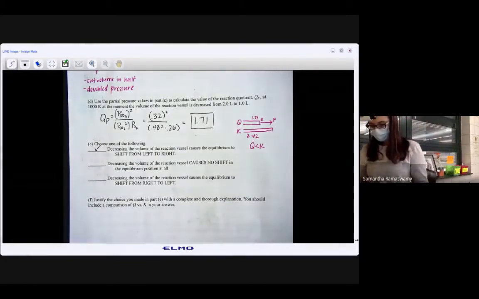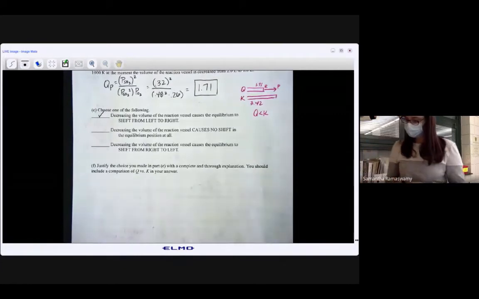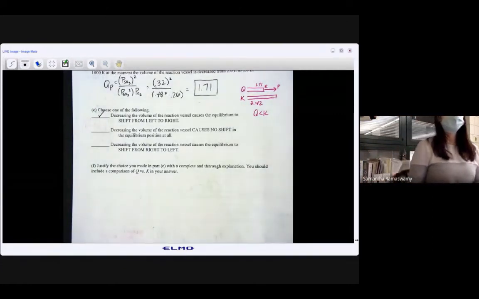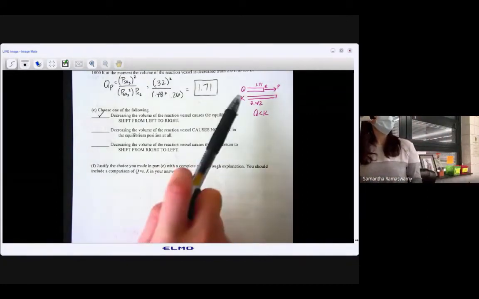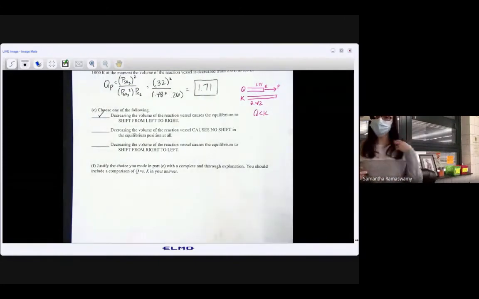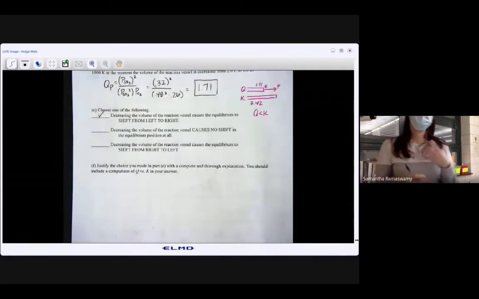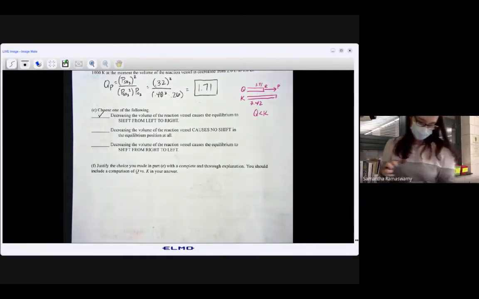Now, part F. Justify the choice you made in part E. Include a comparison of Q versus K. Oh, perfect, because we already did that up here. So here's what I'll say. Always start by saying how the change that was made affected the system.